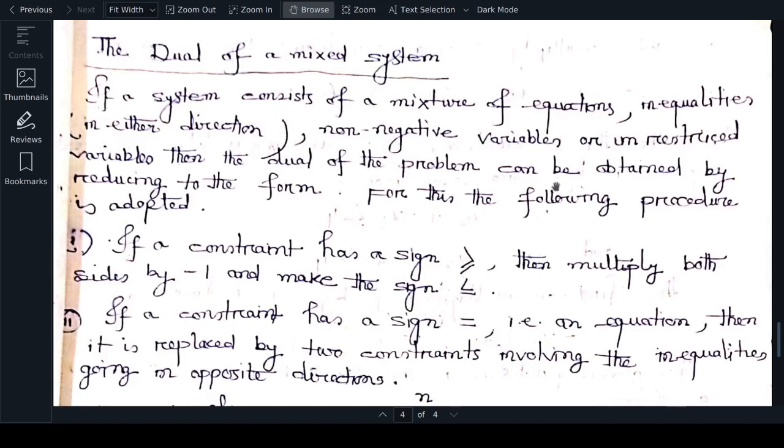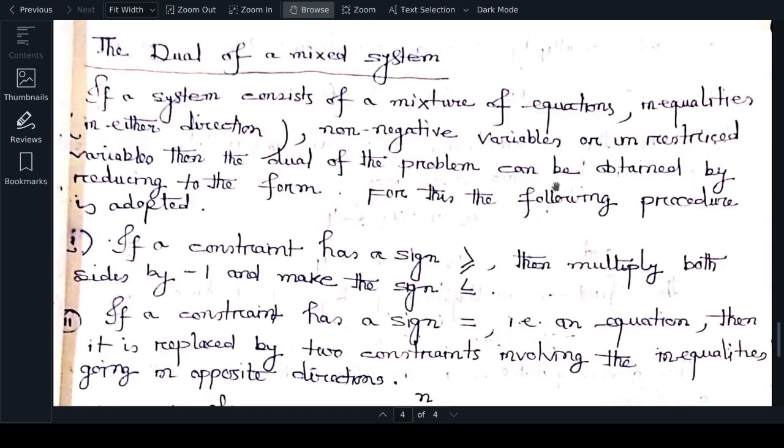Anybody? Ripon? Vakyasri? I am audible, na? Yes, sir. So suppose x equal to 2, how to write it as less than and greater than?